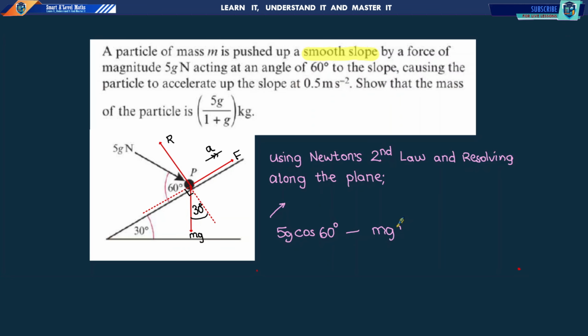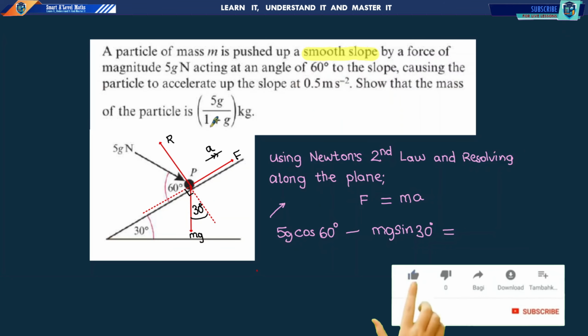So we'll have sine of the angle 30 degrees, and this must give us, remember, this is the resultant force F already, and on this side we need mass times acceleration a. Meanwhile, the mass is what we're looking at, and we should get something that looks like 5g over 1 plus g in kilograms.